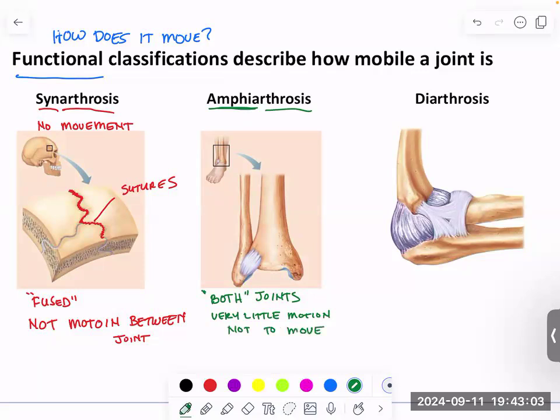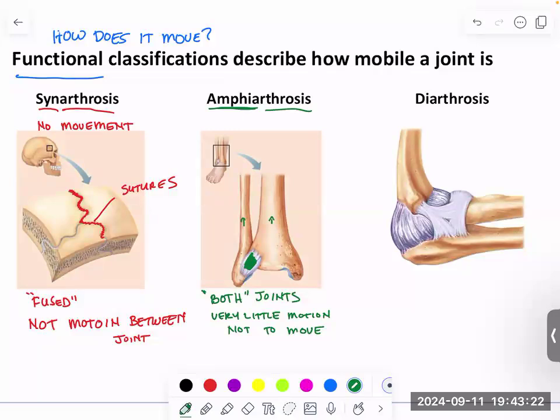Like here, this joint right here, between your tibia and your fibula. This is one of your bones that supports the ankles. You don't want these two to move when you're supporting the ankle.